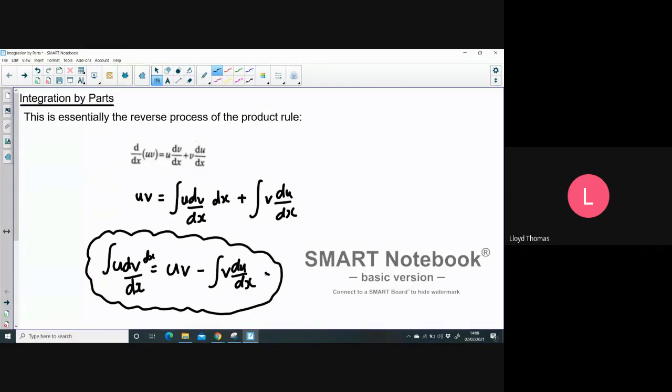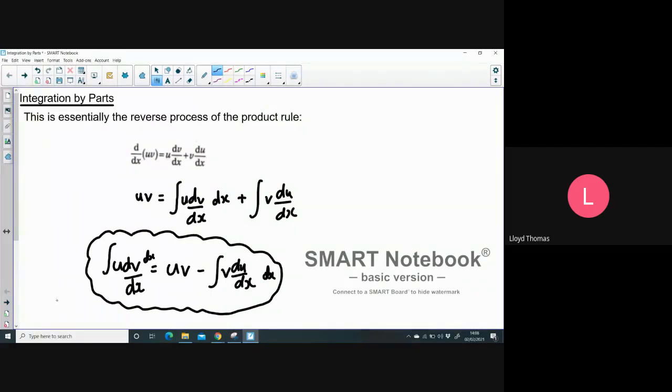Your two terms to begin with are u and dv by dx. Whatever the two things multiplied together are, that's what you can call them. If you want to integrate it, it is uv, take away the integral of v du by dx. There are a lot of complicated letters going on with these questions, but this is the formula, and it is far, far easier than it looks.